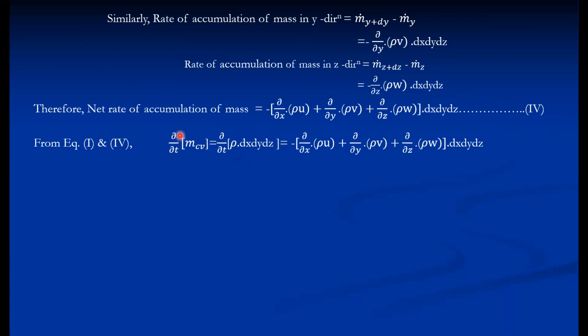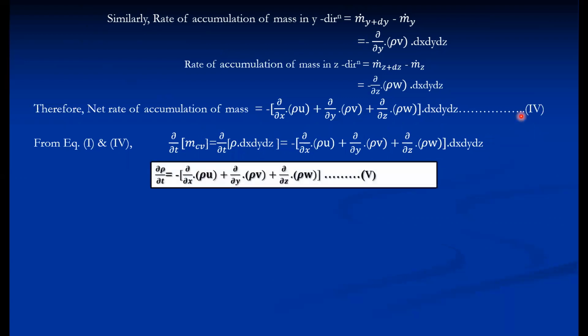So from equation 1, ∂/∂t of m cv can be written as ∂/∂t of rho dx dy dz, equal to the right hand side, equation number 4. Now dx dy dz is common here, so we can eliminate it. Only ∂rho/∂t remains, and on the right hand side only the bracket term remains, because dx dy dz gets cancelled from both sides. Call this equation number 5.